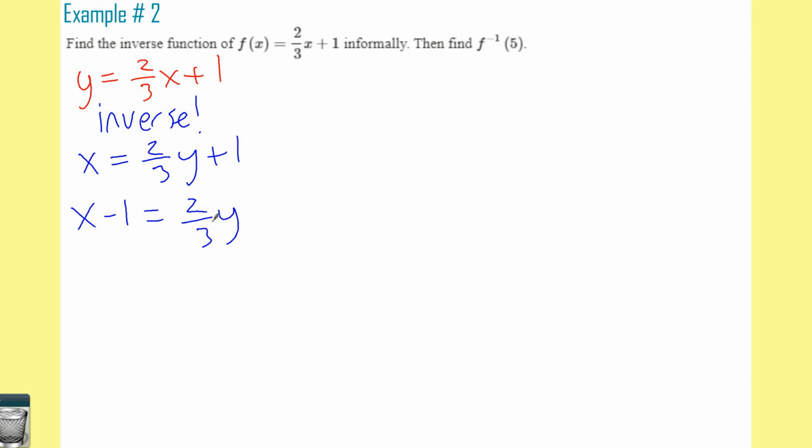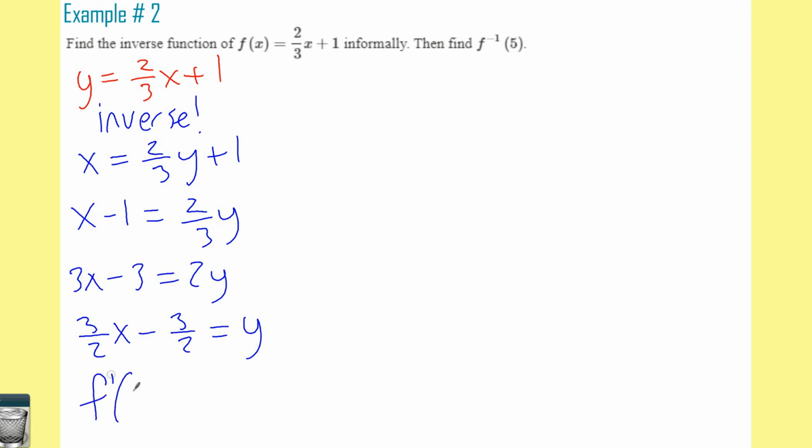I don't like that 3, so I'm going to multiply everything by 3. So I get 3x minus 3 equals 2y. Now I can divide by 2. So my inverse is just 3 over 2 x minus 3 over 2.